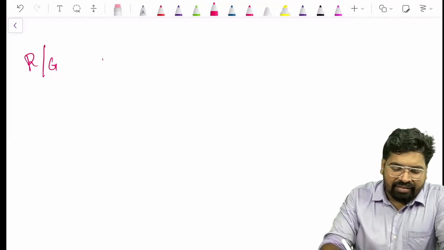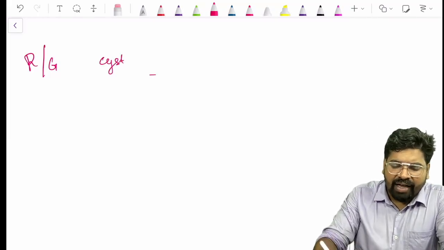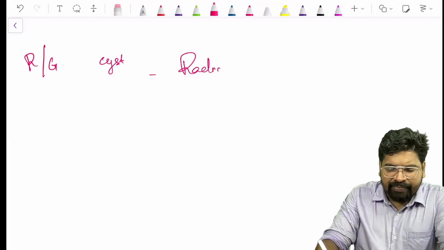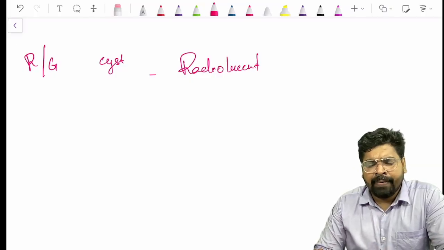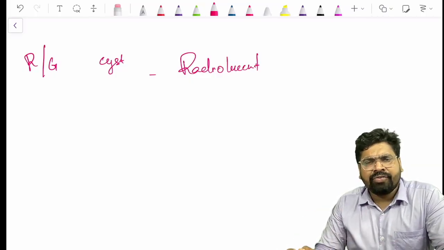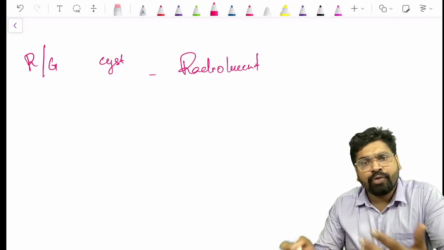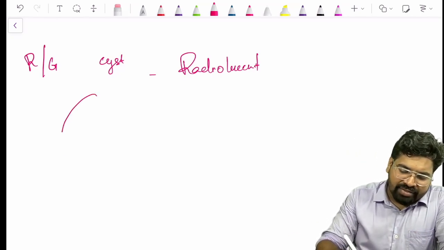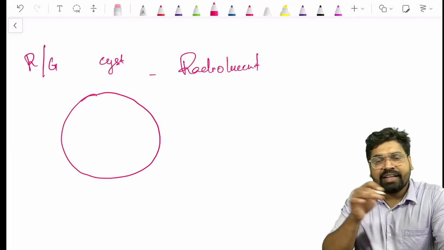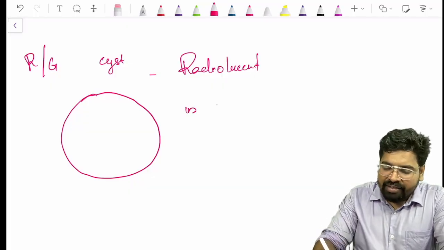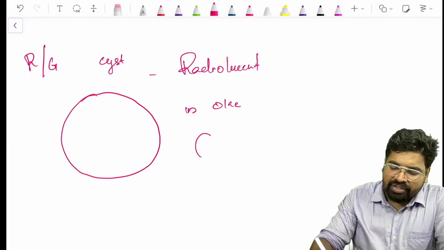It is a cyst anyway, so we have a radiolucent lesion. The margins of this cyst have a peculiarity. Usually cysts are radiolucent with smooth margins, just like a dentigerous cyst had. But in OKC, we have a margin like this.